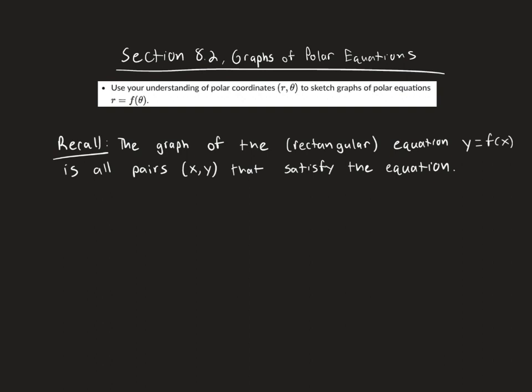First, let's recall graphs of rectangular equations. If we have some equation y equals f of x, the graph of that equation is all pairs x, y that satisfy the equation. So for example, let's say f of x equals x squared minus 2x plus 3.